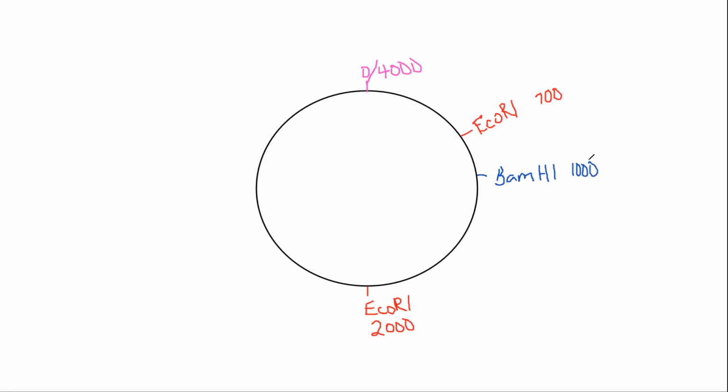All right. So let's say you have a plasmid map that looks like this, and I ask you, what size strands would you get if you digested with EcoR1?